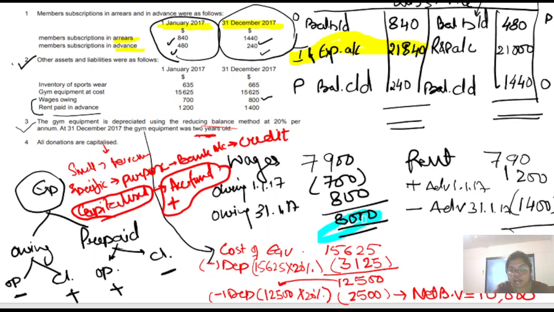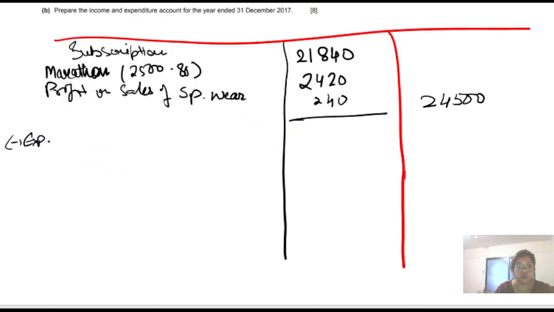And the rent we also calculated earlier, that is 4,600. So we are going to use it here. We write here rent, which is 4,600, and then wages, which is 8,000 that we calculated.